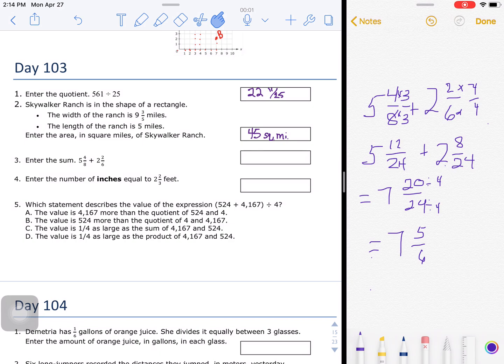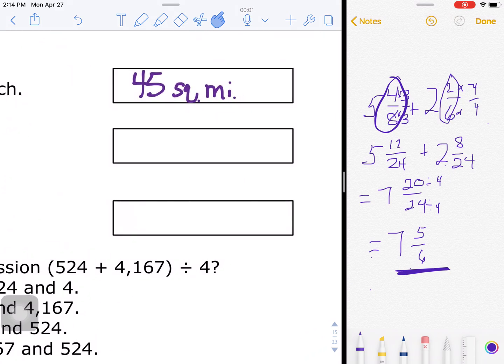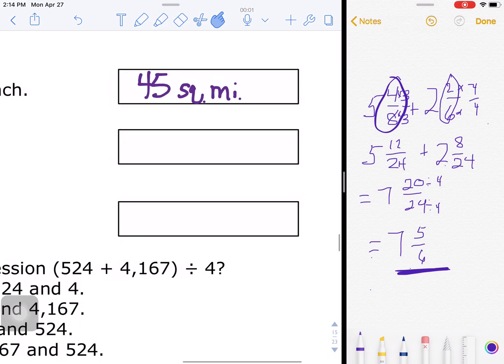Again, some of you might see that you could reduce up here. We could reduce 4/8 to 1/2, and 2/6 to 1/3, and we could end up with a common denominator of 6, which is what our answer is in. But for now, we'll just go with the method that I used.